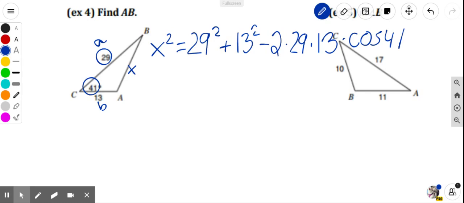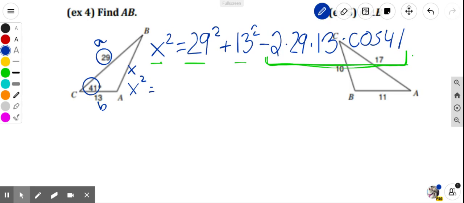So you have, this is like your c squared. Then you have a squared plus b squared minus 2ab times cosine of 41. So this whole thing is like attached, all that multiplication, and then you have your addition. So when you're solving here, you really just have to use order of operations. So this x squared, obviously nothing's happening with that.